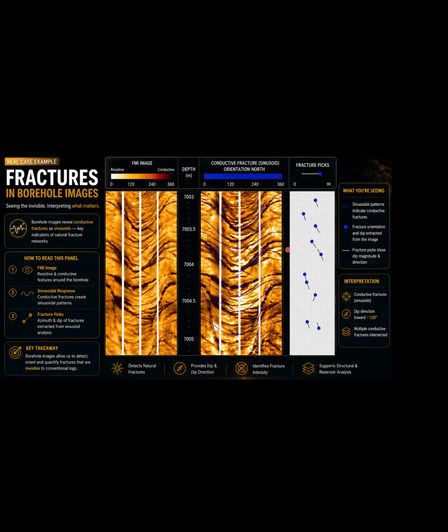When we trace it, we start to pop up the amount and direction of the dip. This is not only for fractures; it's for any traceable features that can be picked or identified from the well.